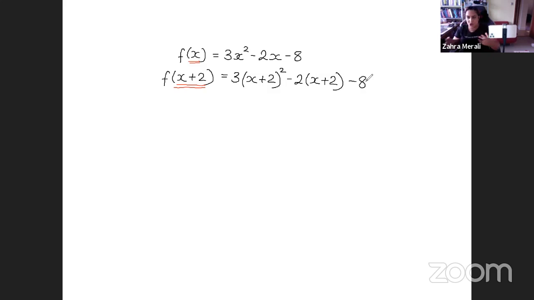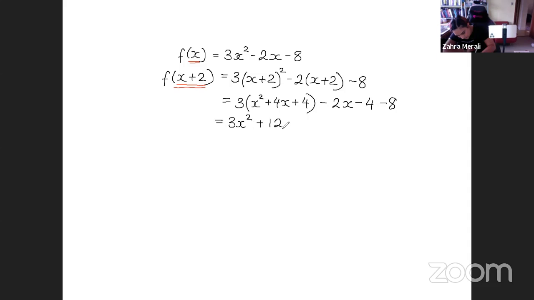Now, if I was to open that all out, I get 3(x squared plus 4x plus 4) minus 2x minus 4 minus 8. So that gives me 3x squared plus 3 times 4, 12x plus 12 minus 2x minus 4 minus 8.